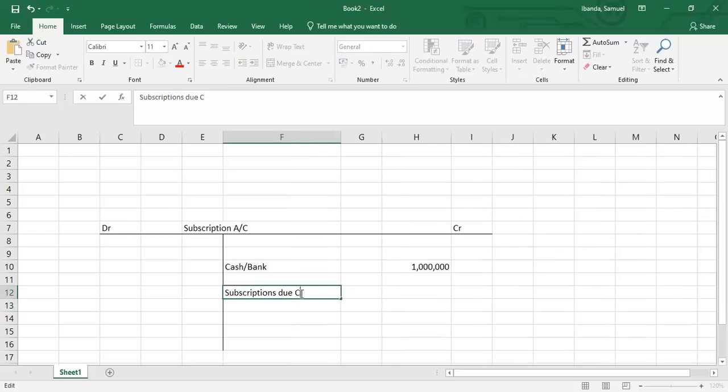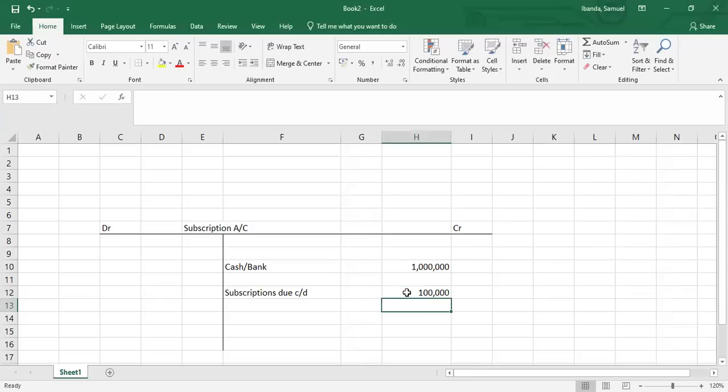Remember, it is a carried down because it's at the end of the period. So I'll put the 100,000. Okay. If I had the beginning subscriptions due at the start of the financial period, I would record it here. But in this case, I'll record only this portion because this other side, it is 0, even if I don't include it there.